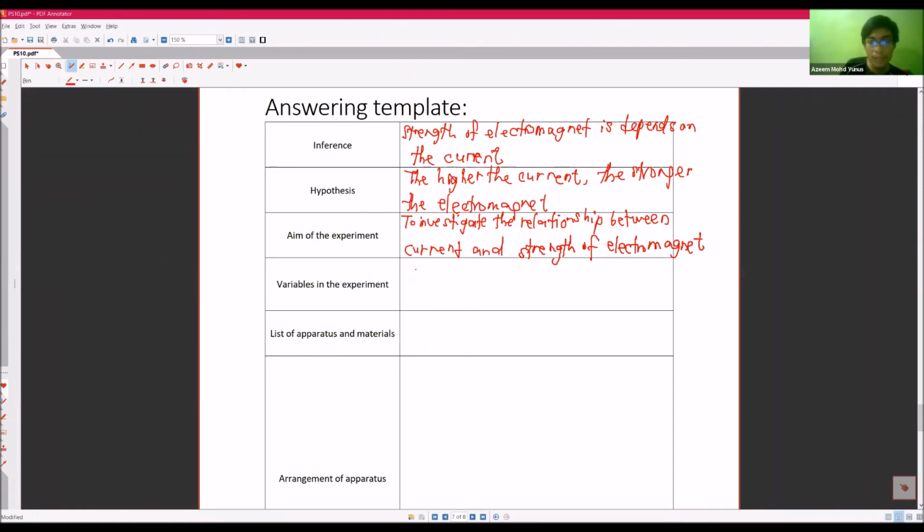Variables: make sure that you write it in full form. Manipulated variable here is the current. Responding variable is the strength of electromagnet, or you can say number of pins attracted.